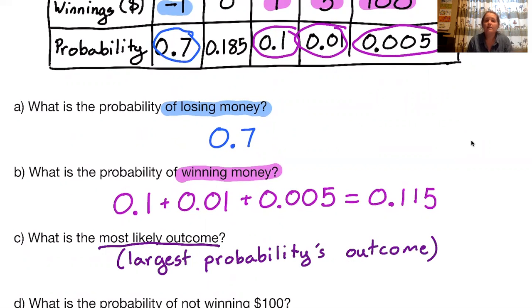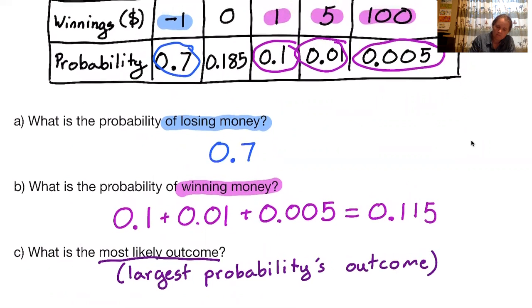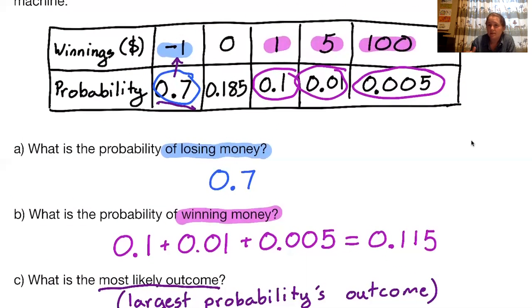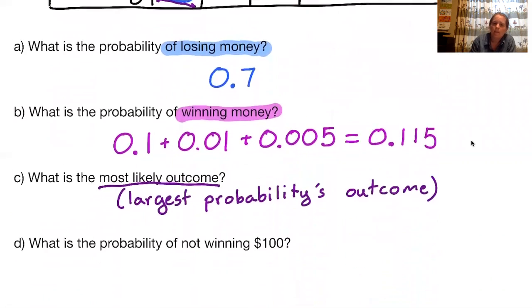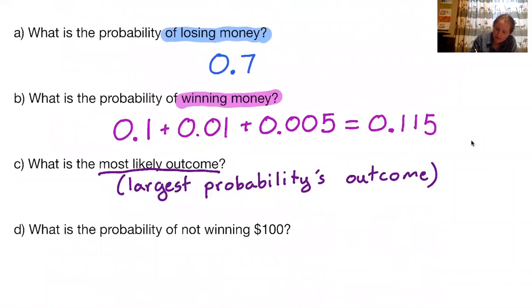So in this case, we have lots of very small probabilities, and that 0.7 is our largest. So the largest probability is the 0.7, which then corresponds to a winning of -$1, or in other words, a loss of $1. So the most likely outcome is to lose $1.